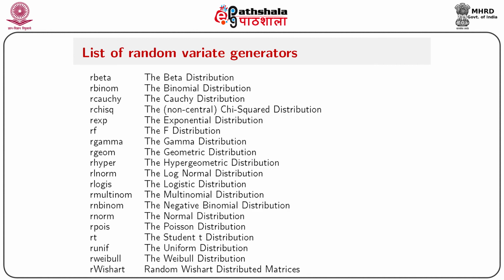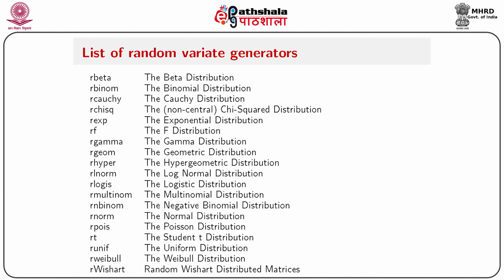So here is the list of all random variates generators in R. It is rbeta, rbinom, rcauchy, rchisq, rexp, rf, rgamma, rgeom, rhyper, rlnorm, rlogis, rmultinom, rnbinom, rnorm, rpois, rt, runif, rweibull, even a random Wishart distributed matrix also can be generated.